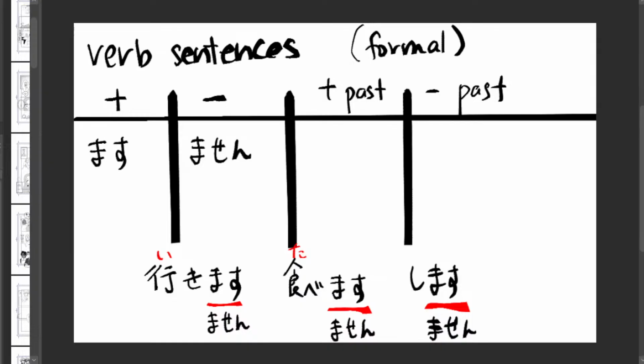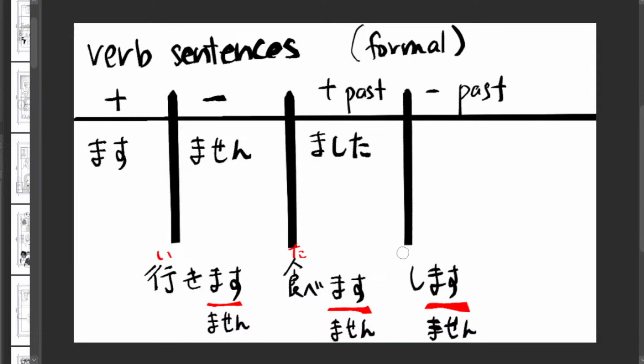For positive past, from masu you just change it into mashita. I went: ikimashita. I ate: tabemashita.